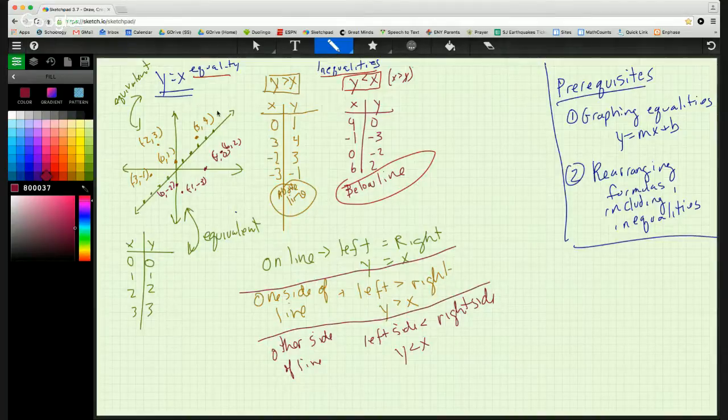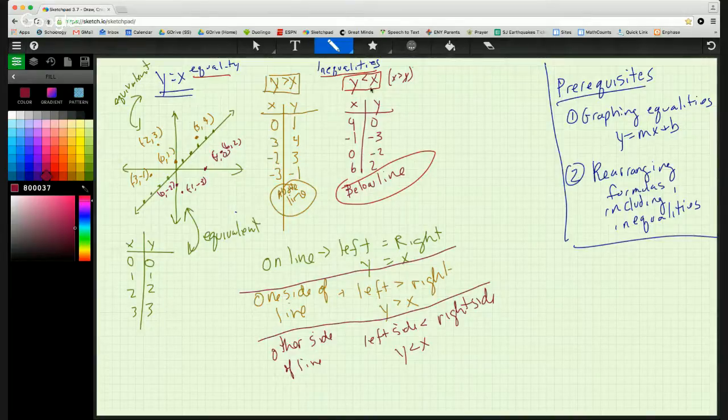So whenever we're graphing an inequality, we're looking to graph it as if it were an equality, and then we're going to see that everything on one side of the line will make it either less than or greater than. Okay, and so that's the point of this exercise. So let me now show you more formally how we represent this.